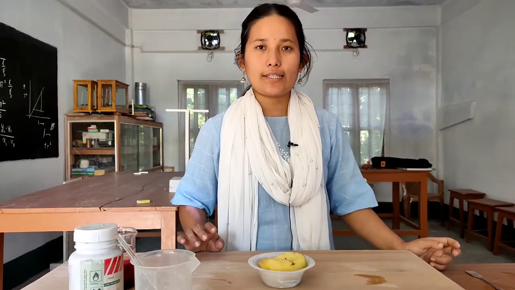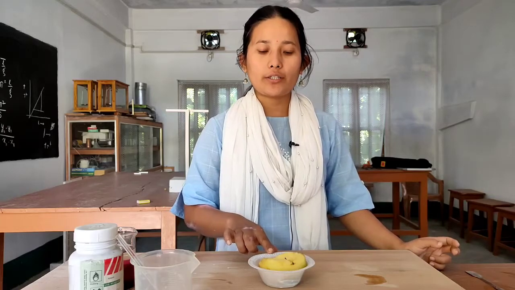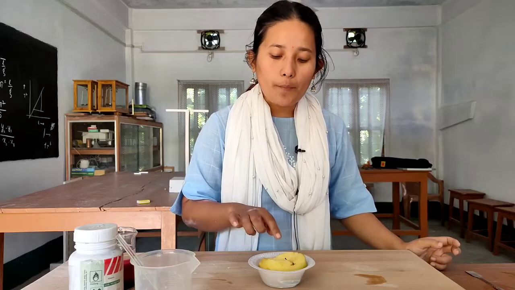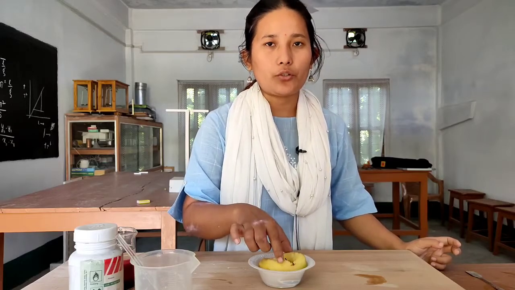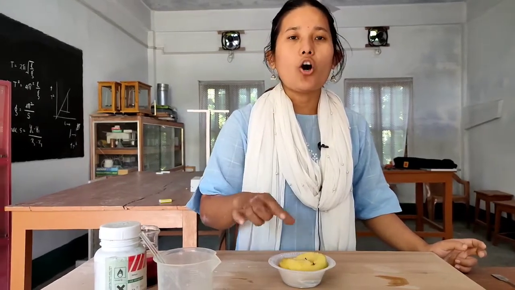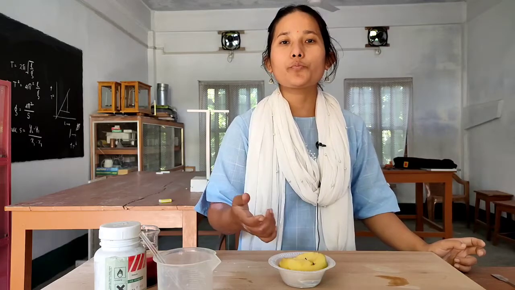After that we can see that since this container had more water as compared to inside the potato, water will eventually move from outside into the potato. That means endosmosis is taking place.